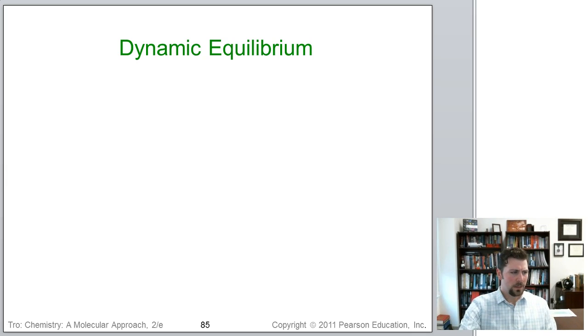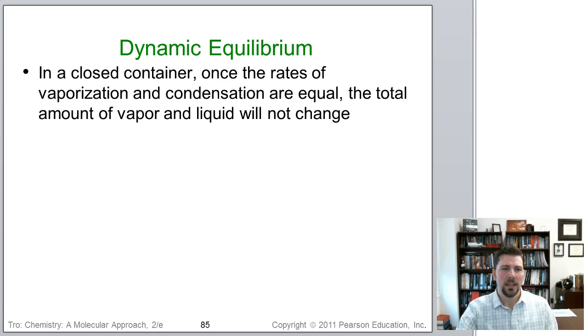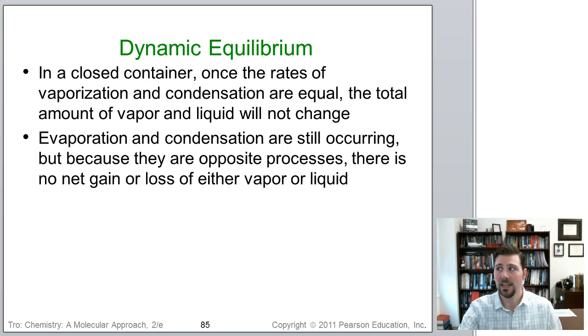All right, let's talk a little bit more about this dynamic equilibrium process that I mentioned earlier. Remember, in a closed container, the rate of evaporation and condensation is going to be nearly equal. And so the amount of liquid is ultimately not going to change because for every molecule that escapes into the vapor phase, there's another molecule that loses energy and condenses into the liquid phase.